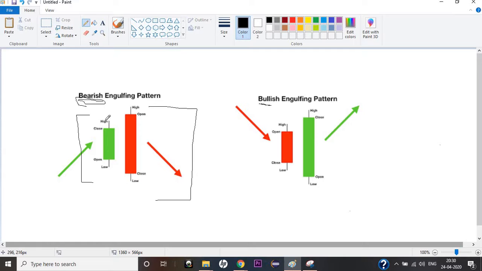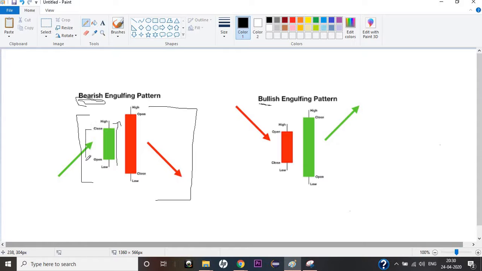Now let's understand what it means. You don't have to remember each and every pattern, but if you understand how the candlestick was formed, you will be able to deduce what the next movement would be. Let's try to deduce it. When this candlestick opened, the buyer came in and pushed it above, right? So here the buyer has control.